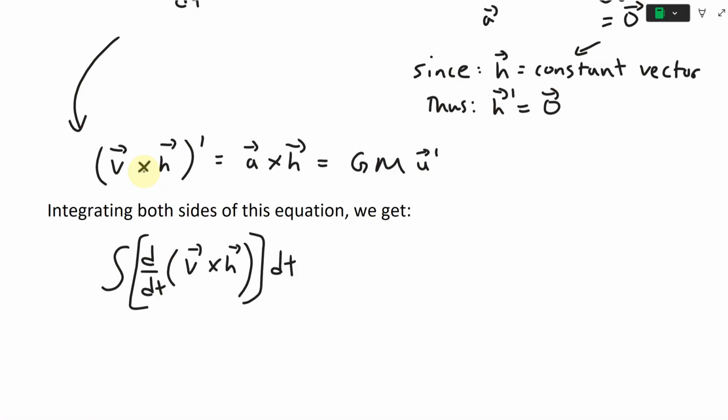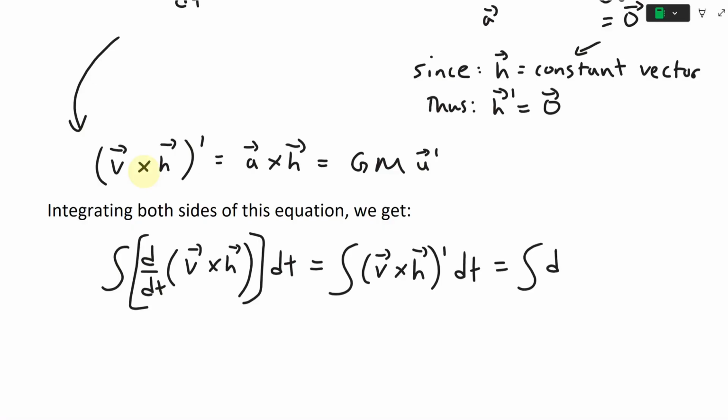These dt's just cancel. It's the same thing as writing v cross h, prime dt. Again, these all just cancel out.